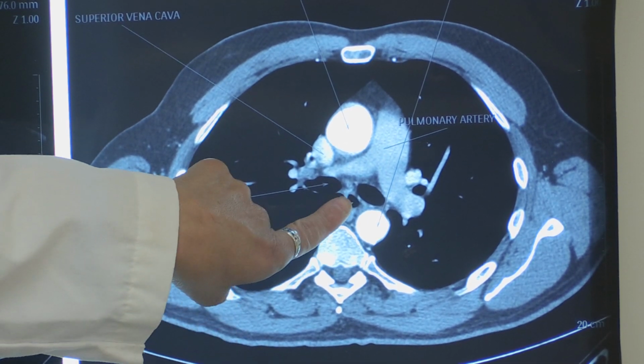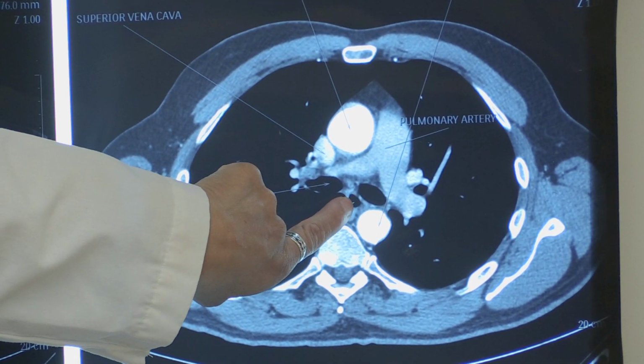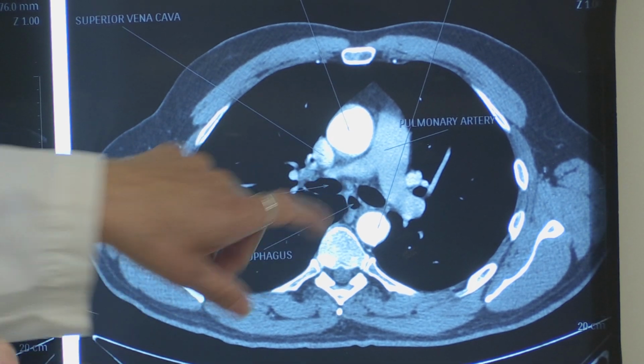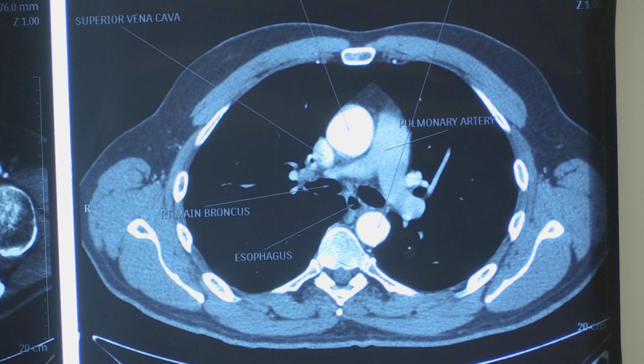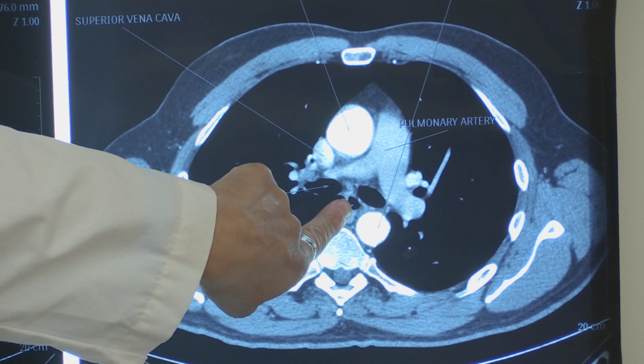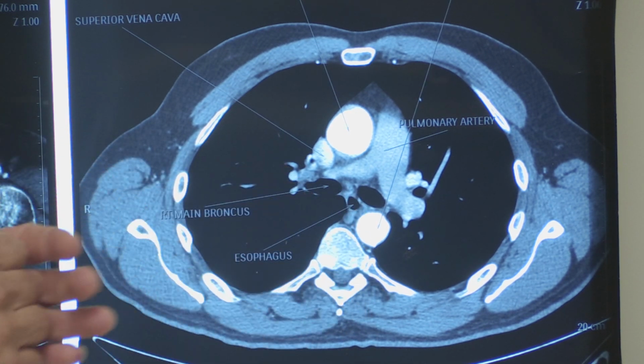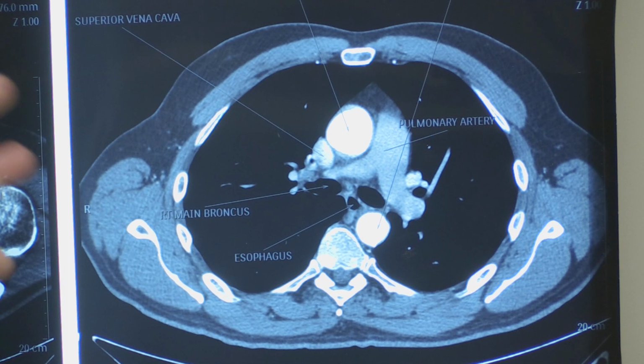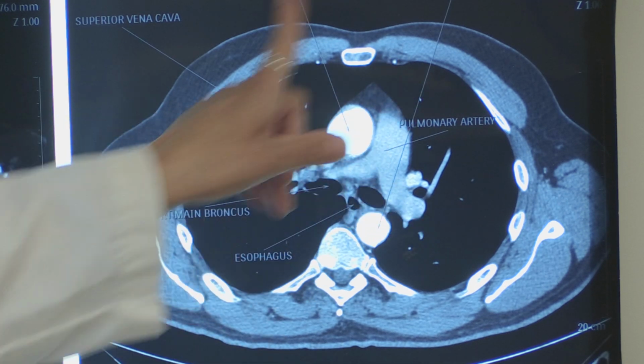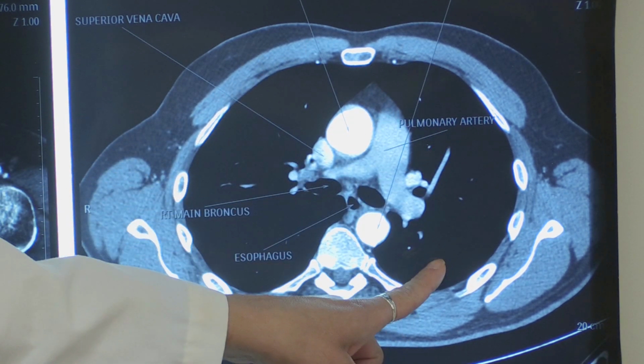You can also see the esophagus back here. In this case, you can see it because there's a little bit of air in it, but sometimes you don't see it with air, so you'll see just the muscle around it because it's a muscular structure that propels your food down into your stomach. Again, lung tissue, right lung, left.